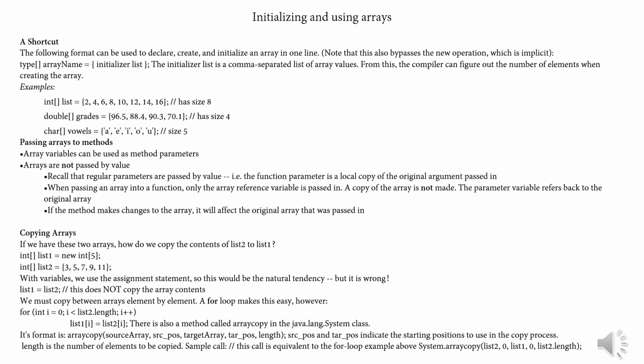As you see in this example, we have list 1 and list 2. We have a for loop, and then we assign each element of list 2 to the elements of list 1. That's how you can copy list 2 into list 1.